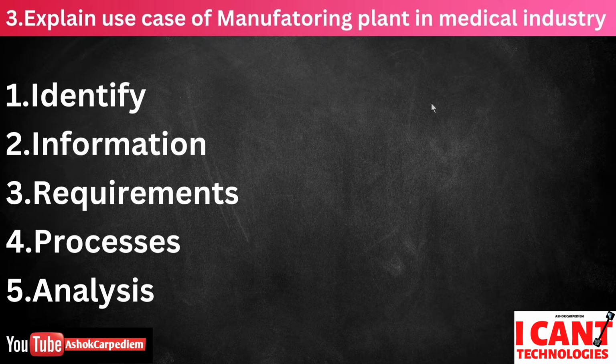Third is the requirement: what exactly this medical industry wants to produce, it may be injections, ointment, or any kind of product. Then we check the process they follow in producing those devices or products. Then we make the analysis, which may be about production or about sales. Everything comes under the analysis.